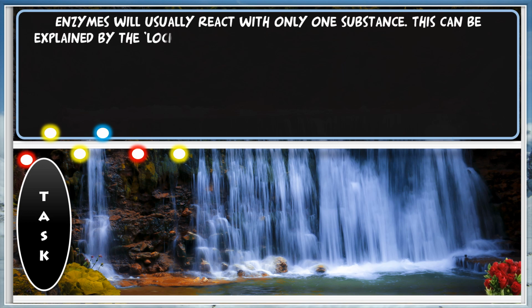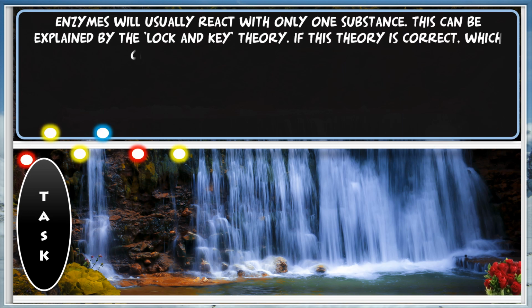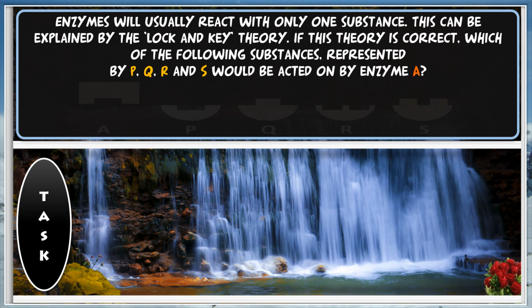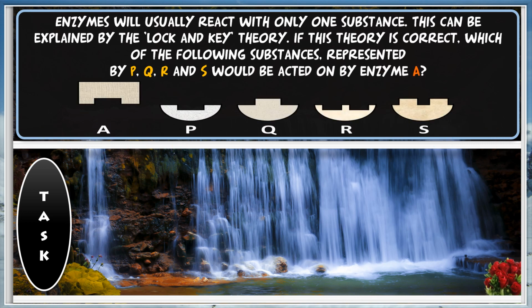Enzymes will usually react with only one substance. This can be explained by the lock and key theory. If this theory is correct, which of the following substances represented by P, Q, R, and S would be acted on by enzyme A?